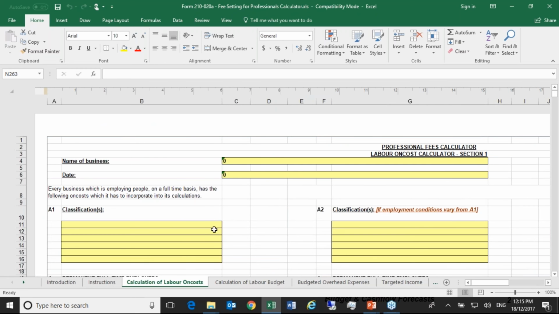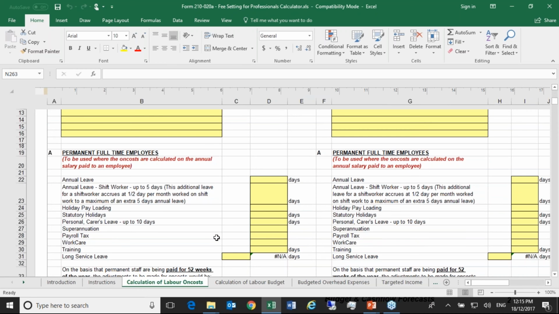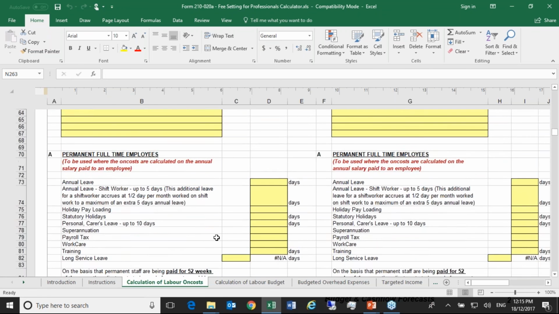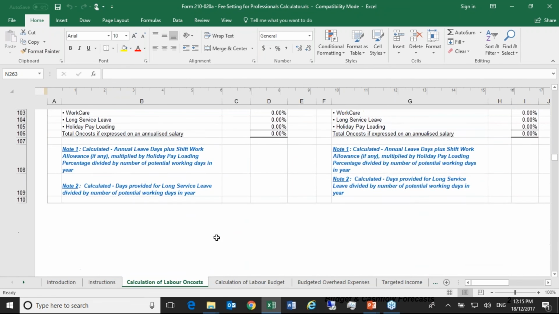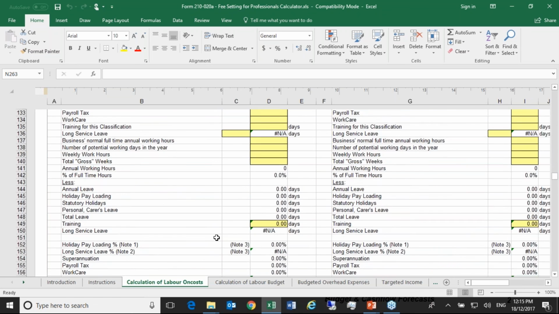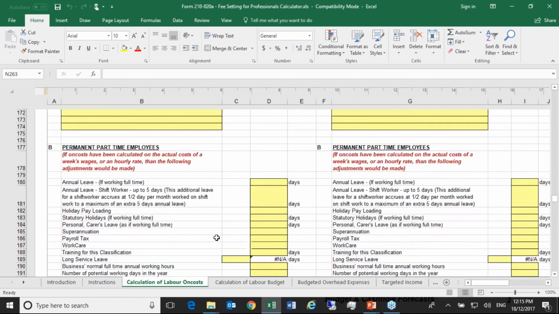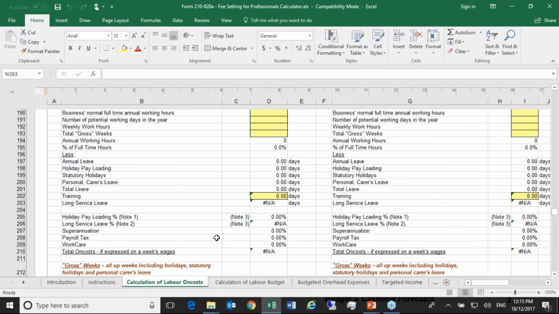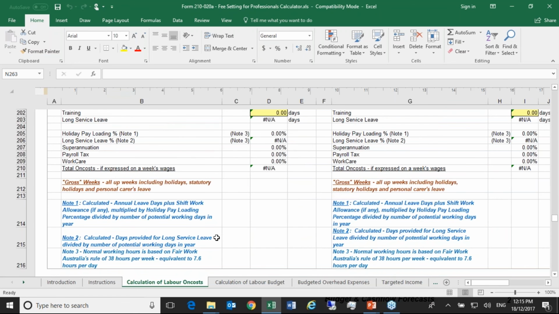The calculation of labour on cost is basically the same as what we've looked at for trades and for retail. And it's again in the same key components: permanent full-time employees, permanent part-time employees, and casual staff.